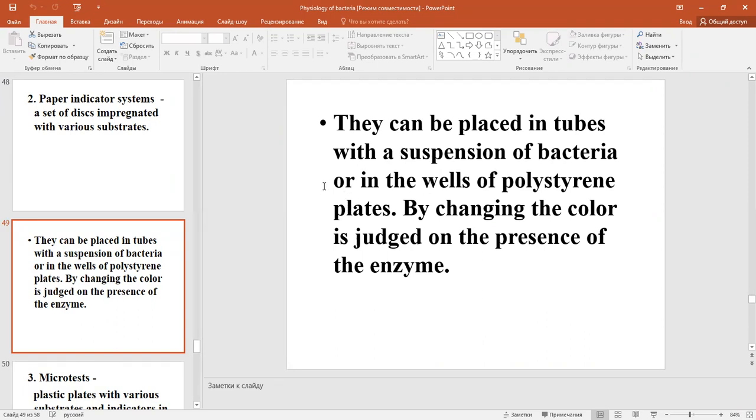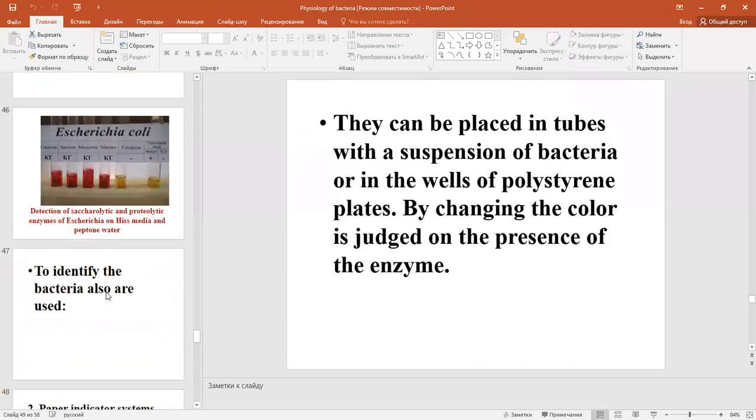Pure culture should be inoculated on liquid media, or maybe we have to use polystyrol plates with dippings, and we have to place these paper discs, and again by the change of color we will see the presence of some enzyme because of the change of pH.